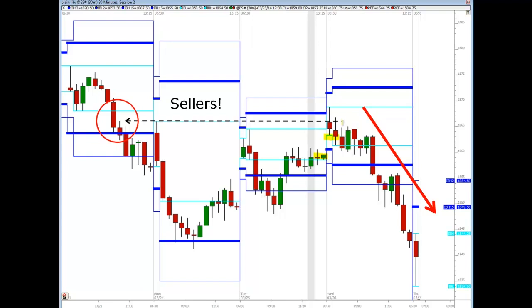Now notice what happens. We do drop down. We don't quite make it to the initial balance low, and we actually get a bullish candle that takes out the high of this level right here. Well, this is a bull trap.